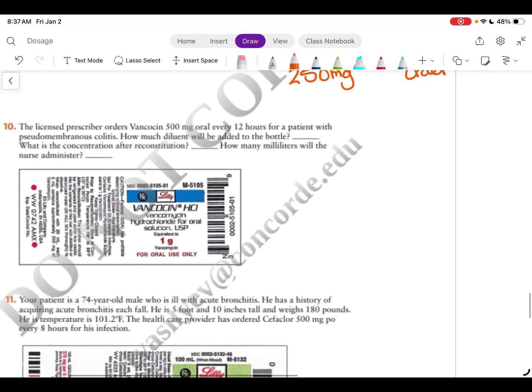All right, let's keep going. Number 10, licensed prescriber orders vancomycin 500 milligrams for a patient with pseudomembranous colitis. And yes, I did just show off by saying that. How much diluent will be added to the bottle? Let's read this label.